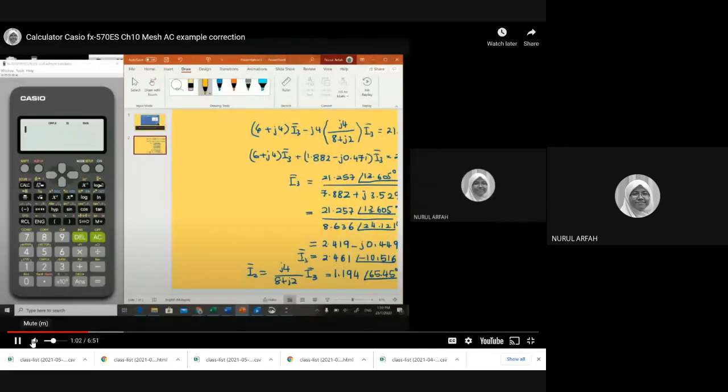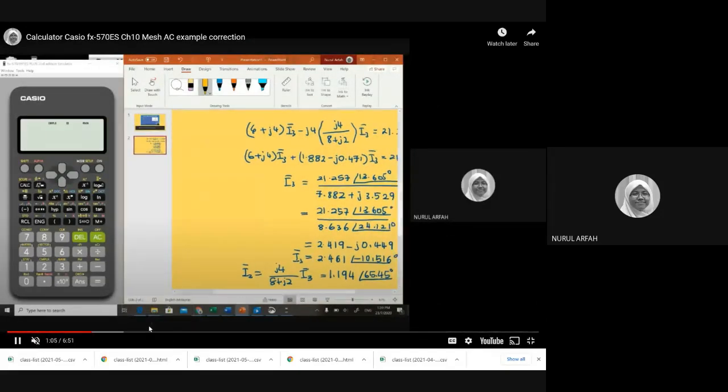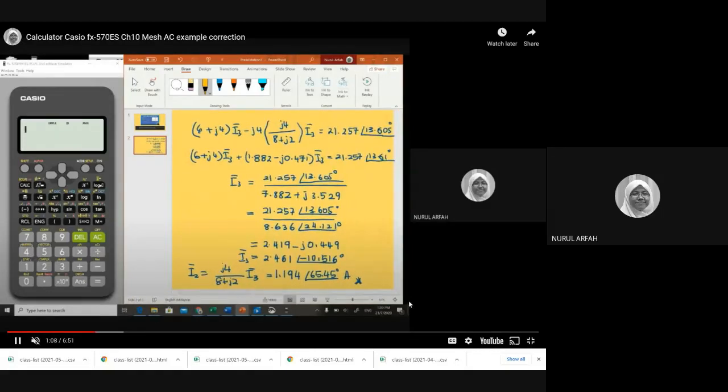If you look at here, let me speed it up a bit. Here, it has complex form. First, you need to set the complex form on mode, and then complex.